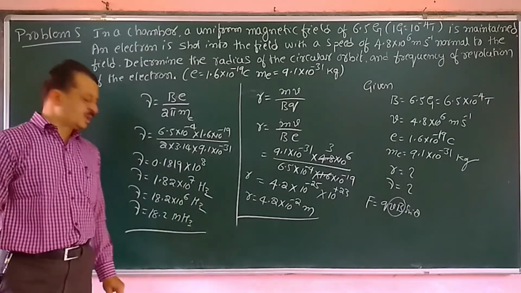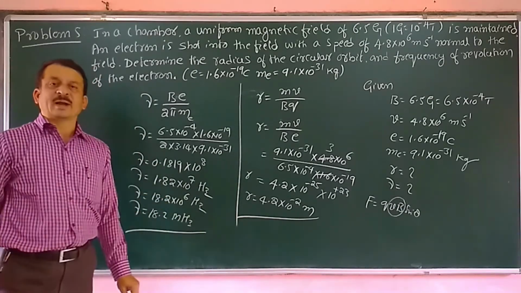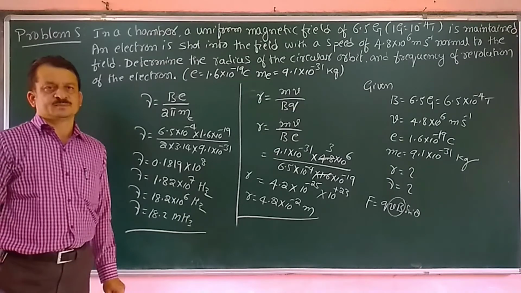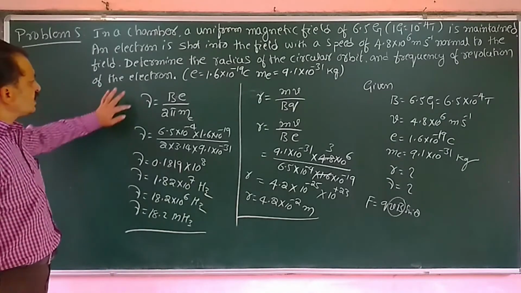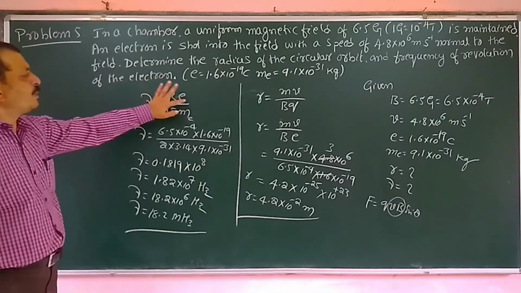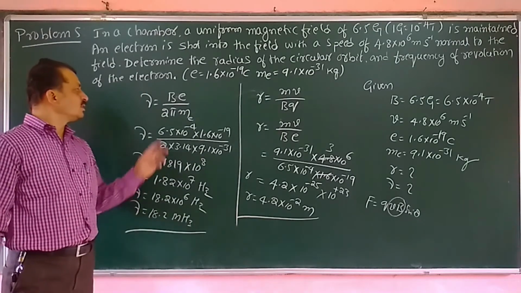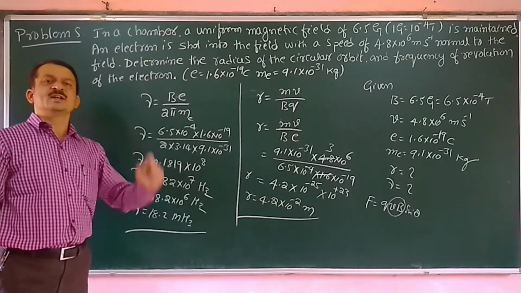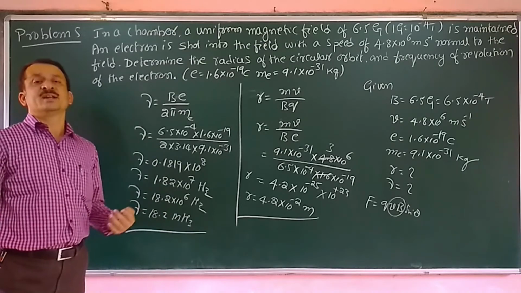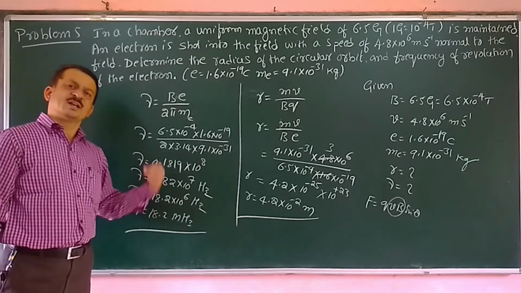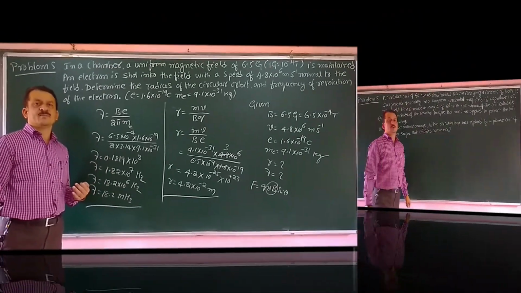The frequency of revolution is 18.2 megahertz. Since this frequency is independent of velocity, the frequency of revolution is independent of the kinetic energy of the electron or any charged particle.